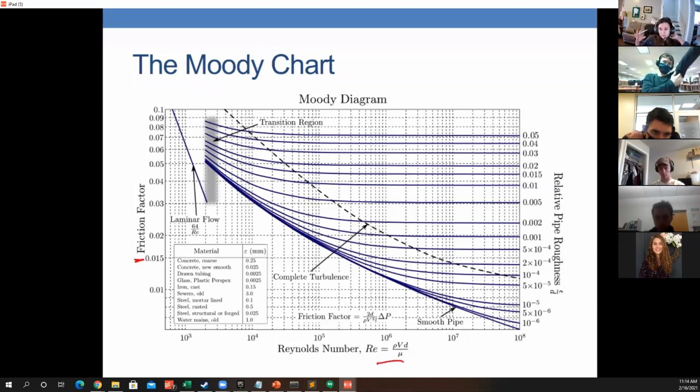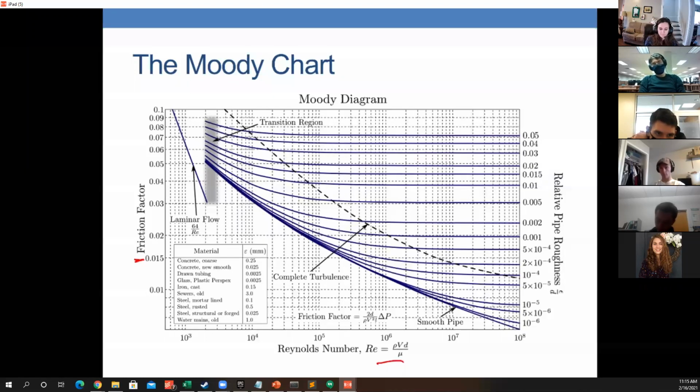And remember how we said when you non-dimensionalize an equation or a relationship, one of the reasons that's useful is then you can just put one chart like this instead of having to do a chart for every single liquid and pipe size on the planet. Instead, you can just have one with the non-dimensional parameters.